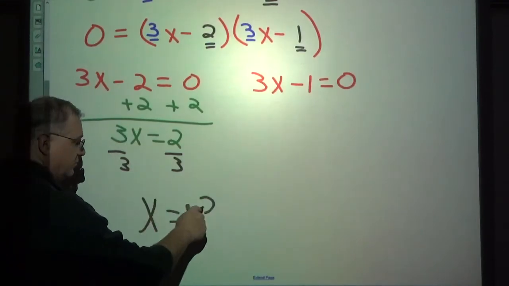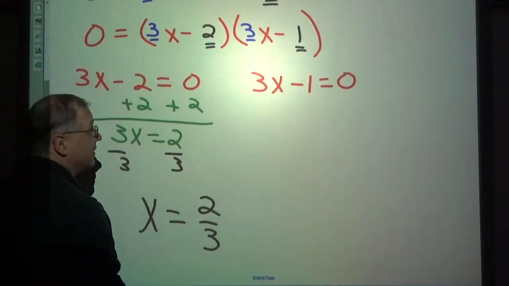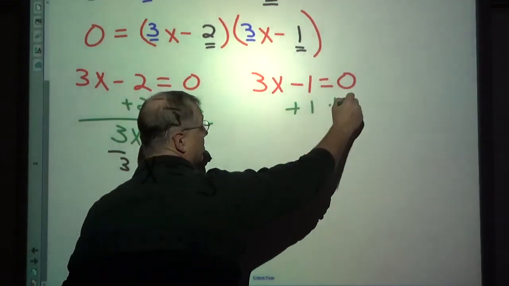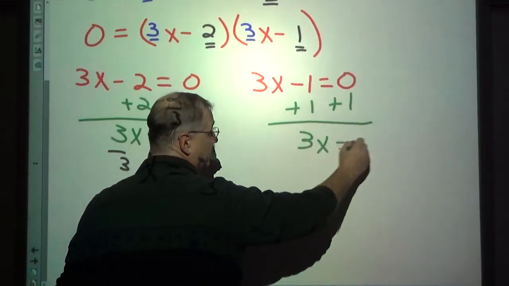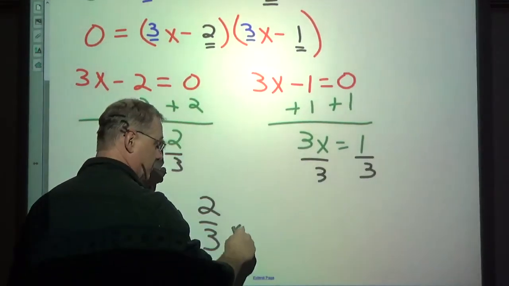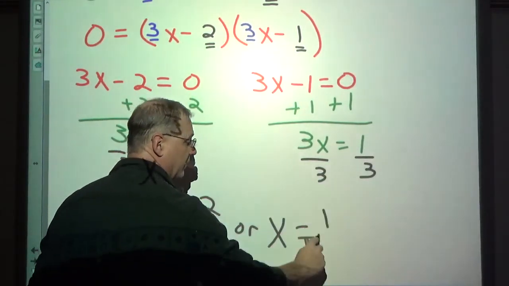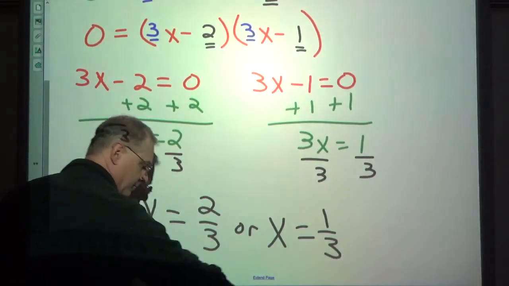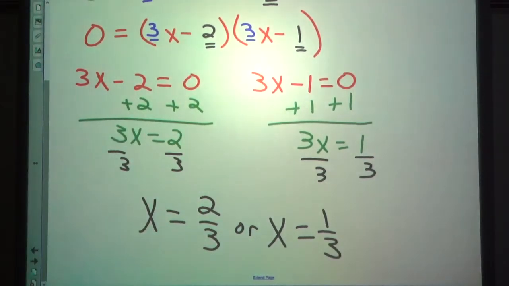X equals 2/3. Let's do this one. Add 1. Divide by 3. X equals 1/3. And there you have it. Remember, smiley face factoring, we've done that before.